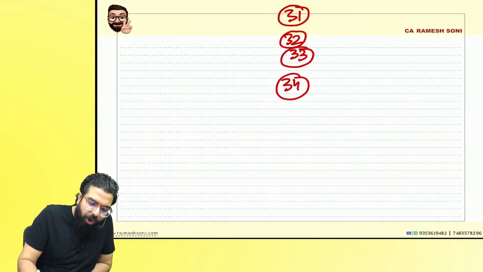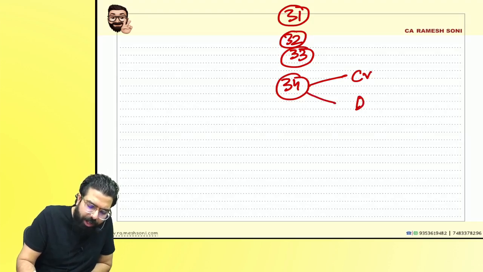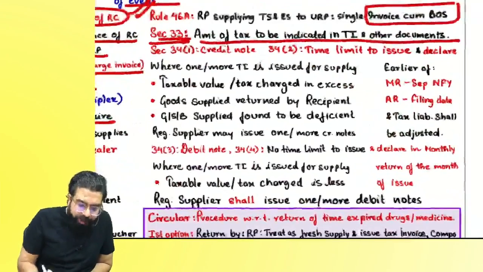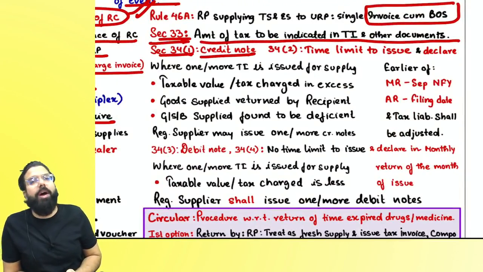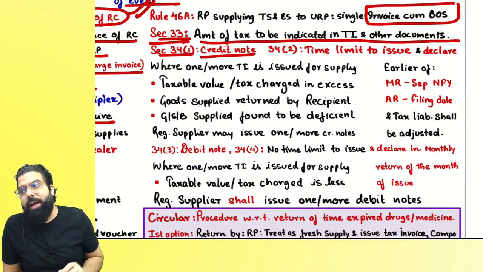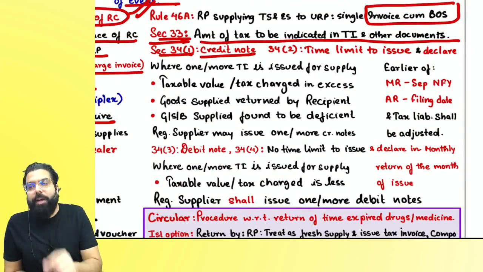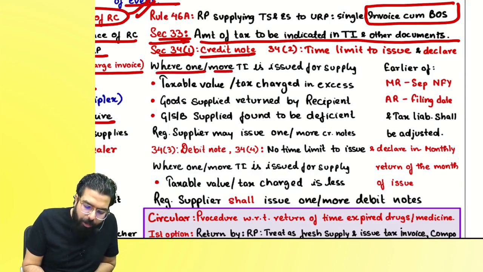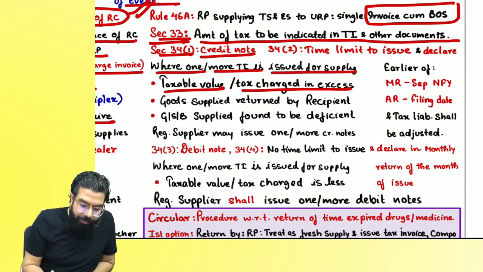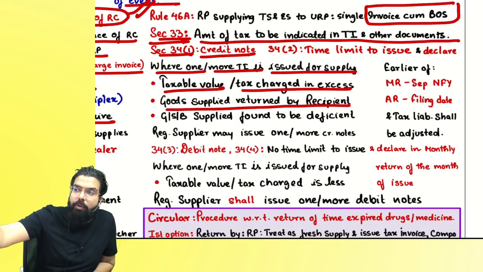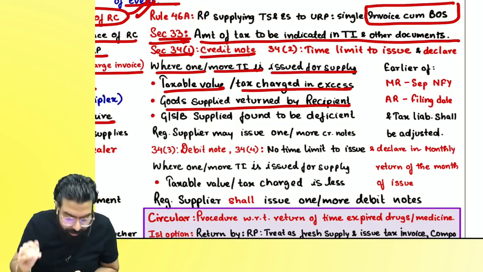We have 34 which talks about credit note and debit note. Section number 34(1) says what are the scenarios in which a credit note can be issued. When one or more tax invoices are already issued for the supply and the taxable value or tax charged is more. Goods are being returned, not services.